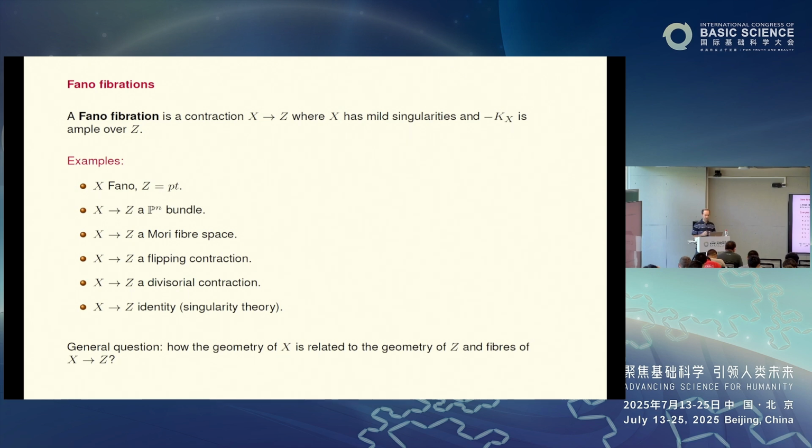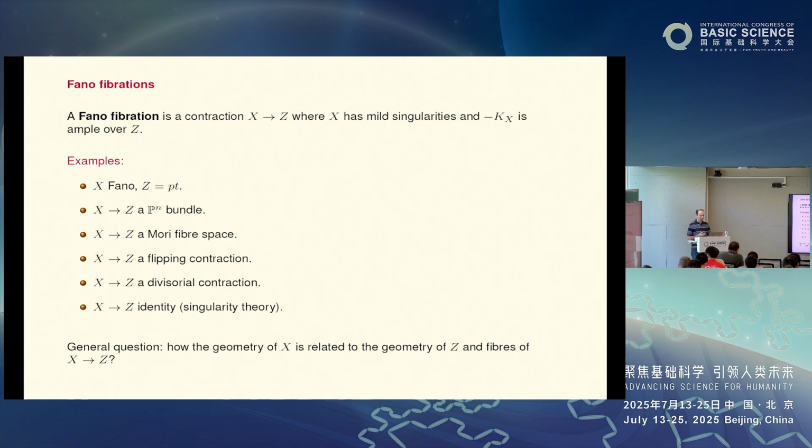And this makes it very interesting, because this means that singularity theory is just a subset of this world of Fanos. At least the kind of singularity that we are interested in, because according to this definition, this is actually a Fano fibration. And in fact, many of the statements that we prove in the birational geometry world are in this setting, not just the global setting.